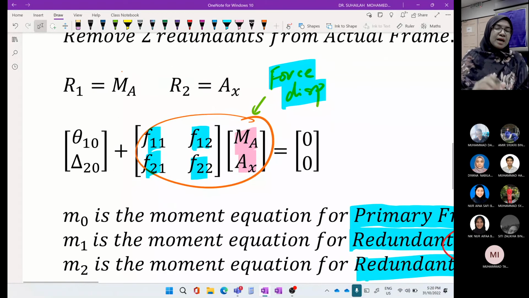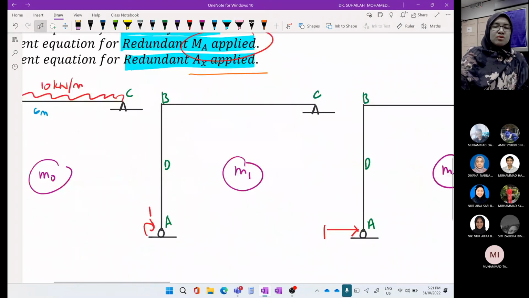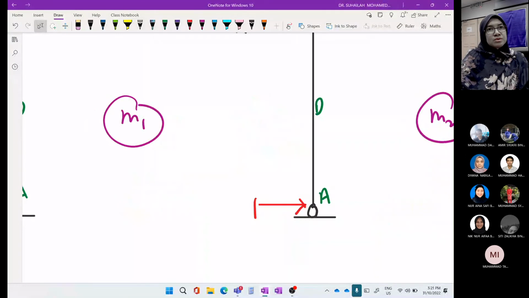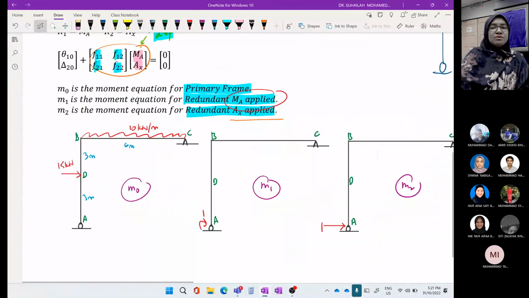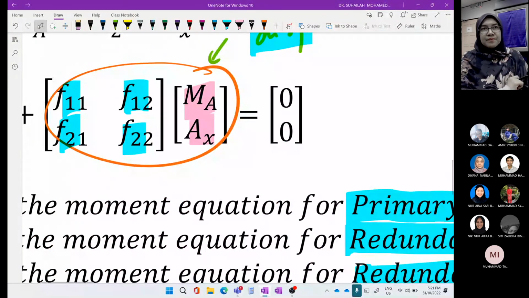Now when we analyze the redundant system, do not put any unit. That is why I write here a unit value, here also a unit value. The unit is on MA and AX.